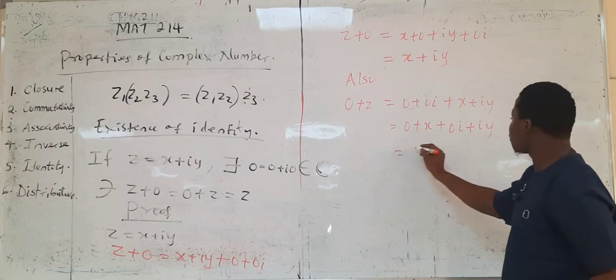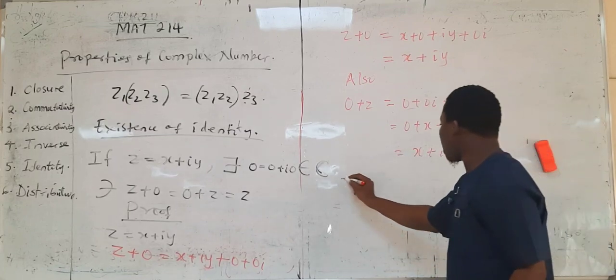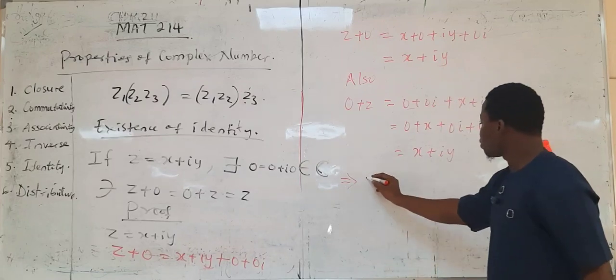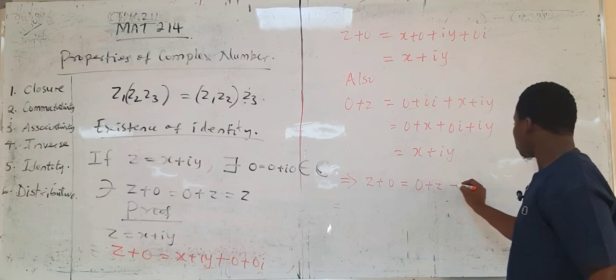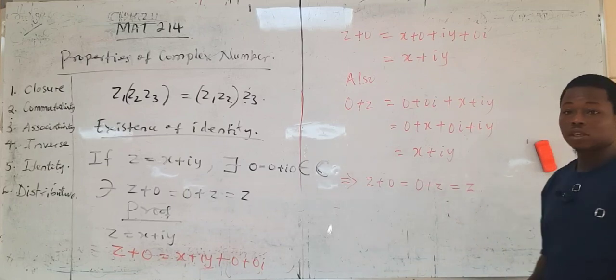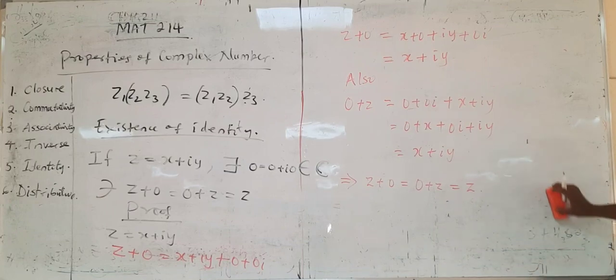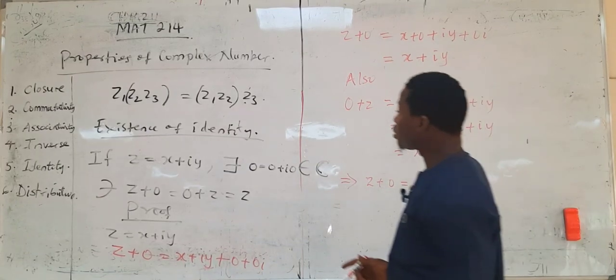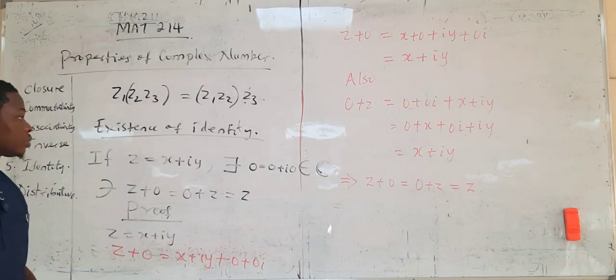So we have x plus iy, which implies that z plus 0 is equal to 0 plus z, which equals z, which is equal to x plus iy. So there is existence of additive identity.